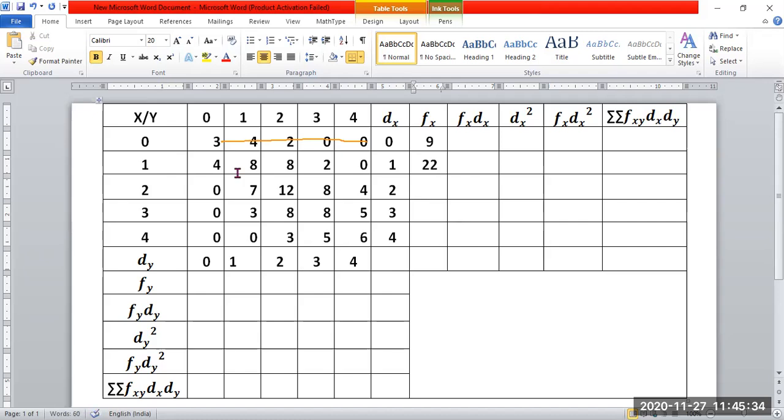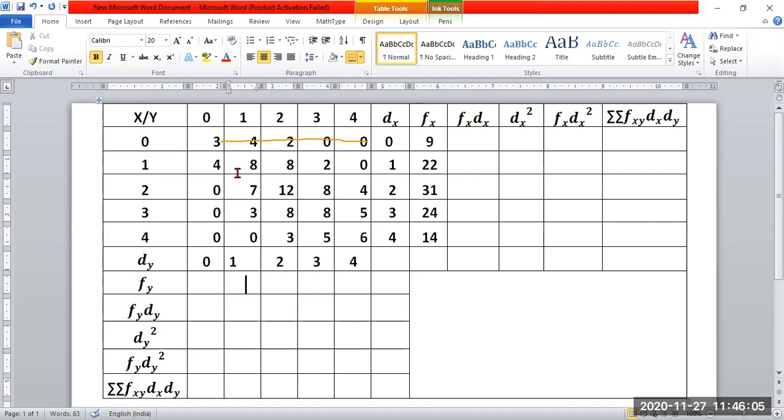The next: 7 plus 12 plus 8 plus 4, 31. The next one: 3 plus 8 plus 8 plus 5, 24. The next one: 3 plus 5 plus 6, that is 14.